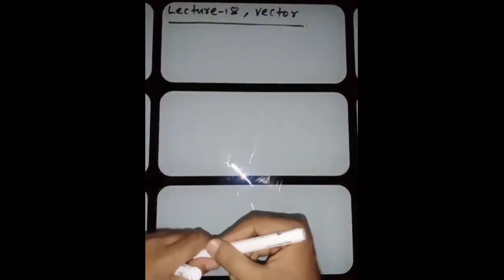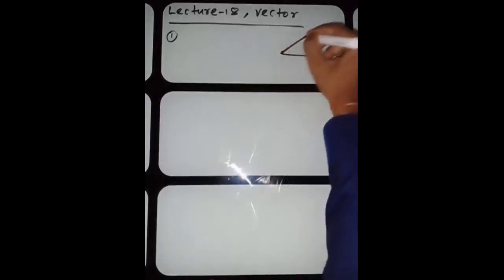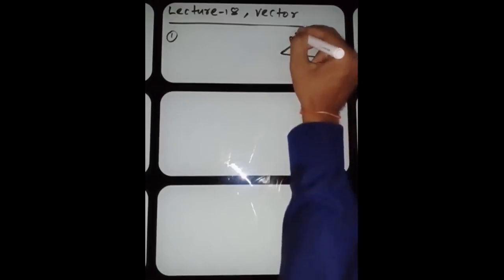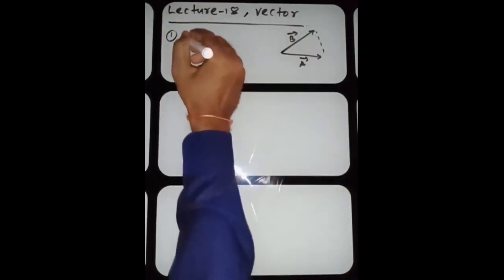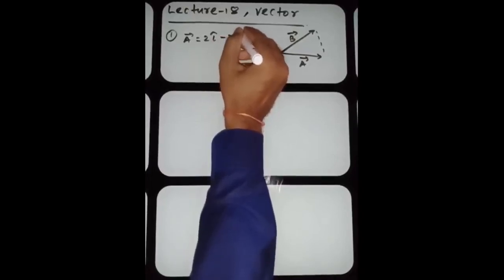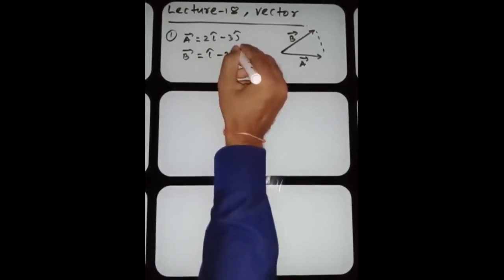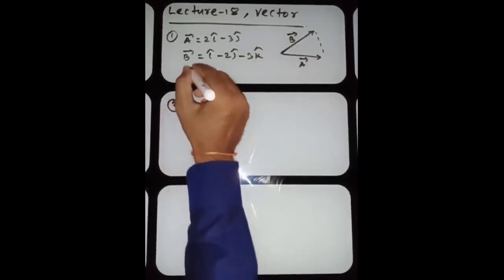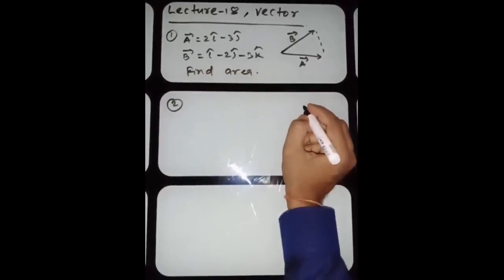The first homework is a triangle. Two vectors A and B are making a triangle. You have to find the area of the triangle. The vectors are A equals 2i minus 3j, and B equals i minus 2j minus 3k. Find the area of the triangle.